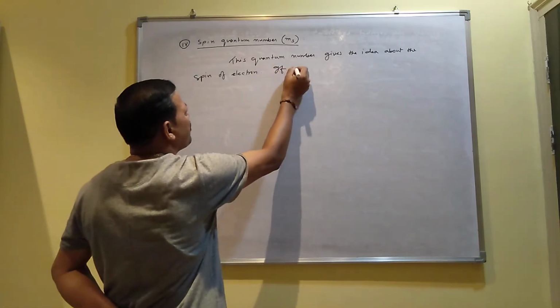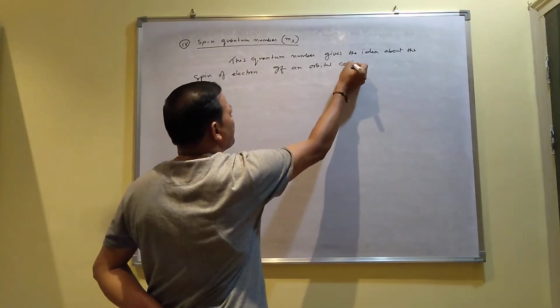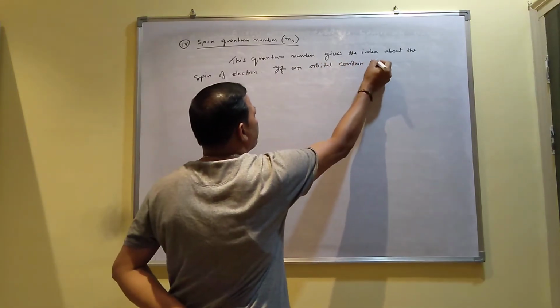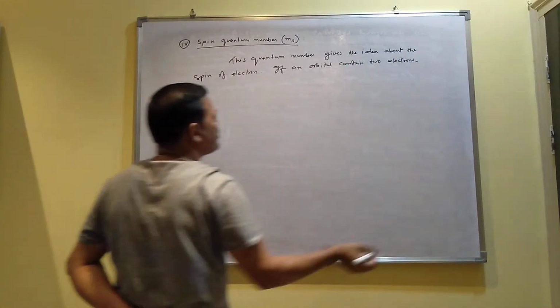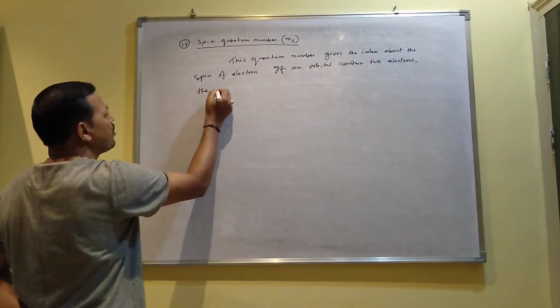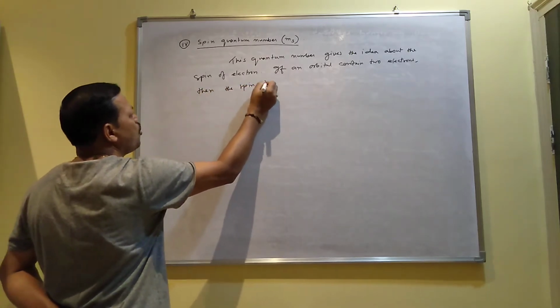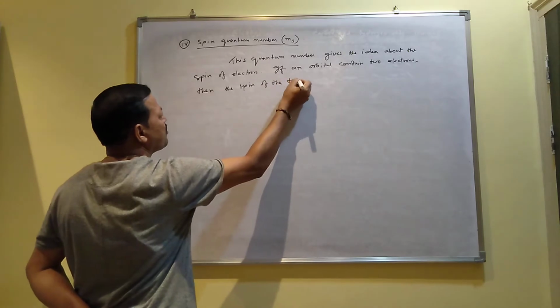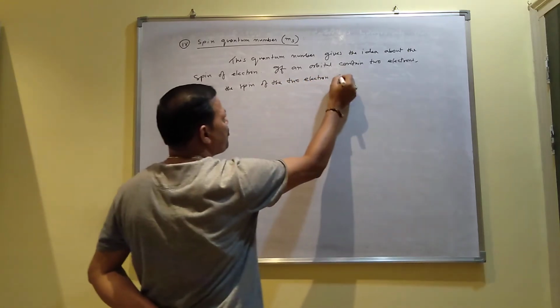If an orbital contains 2 electrons, then the spin of the 2 electrons should be opposite from one another.